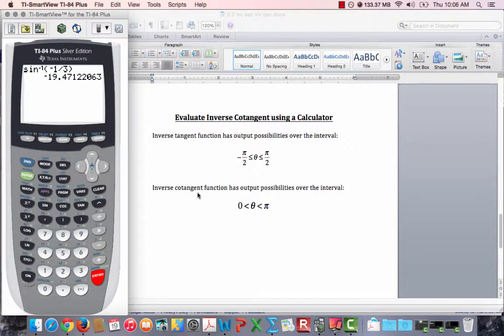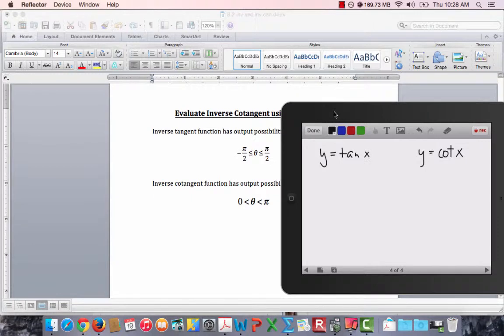In order to find the value of the inverse cotangent, we need to use the inverse tangent that has a different range restriction. So let's take a quick look as to why that's the case. When we looked at the original graph of the tangent function, the agreed upon domain region that we considered in order to get a one-to-one chunk on tangent was the region between negative pi over 2 and pi over 2.